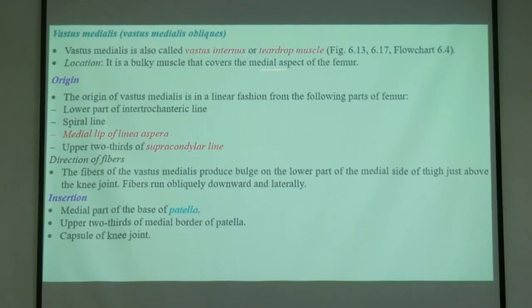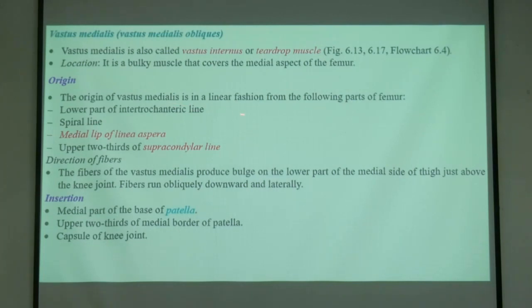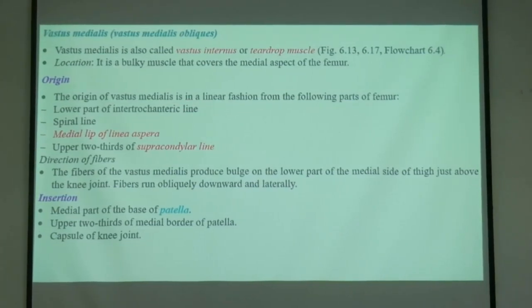So vastus medialis also we have discussed. Vastus medialis is also called vastus internus or teardrop muscle. It is a bulky muscle that covers the medial aspect of the femur, and the origin of vastus medialis is in a linear fashion from the following parts you have seen in the picture.